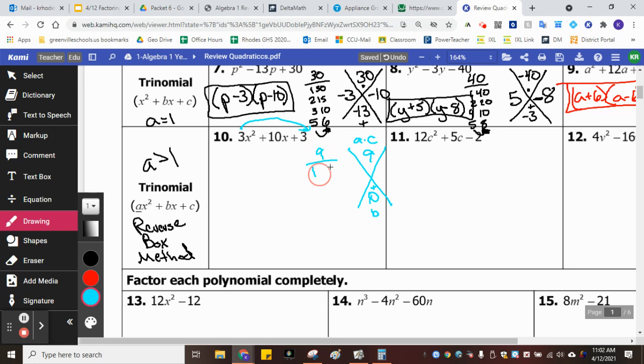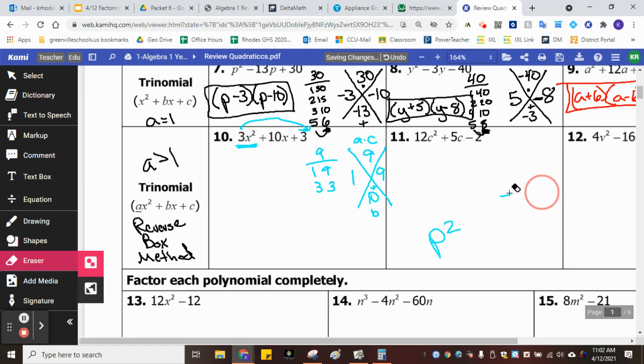So factors of 9: 1 and 9, 3 and 3. Don't forget 1 and 9, because that's the one that adds to 10 here. Now you can't go straight to your answer, because if you tried to, it'd be x plus 1, x plus 9, and x times x gives you x squared, and we need it to be 3x squared. So that's why you can't just jump straight to your answer here.